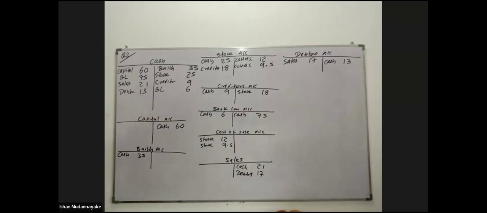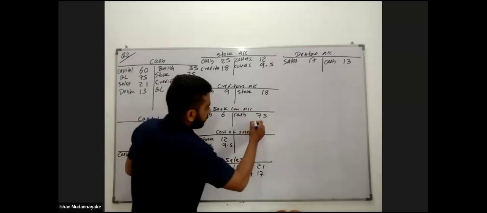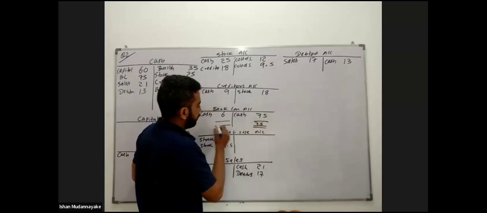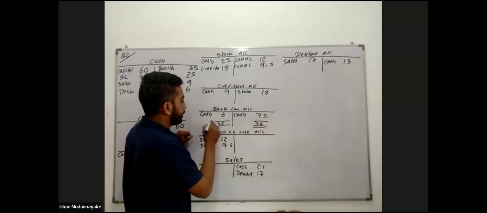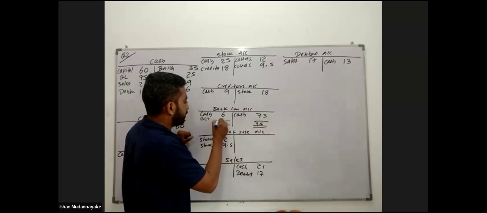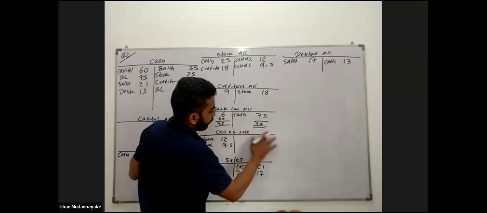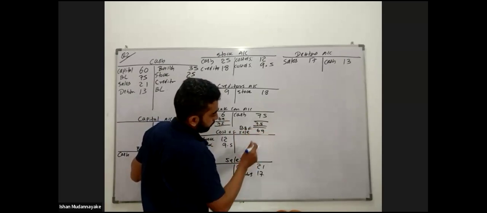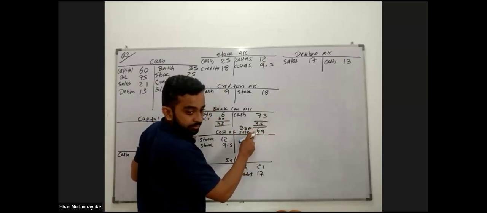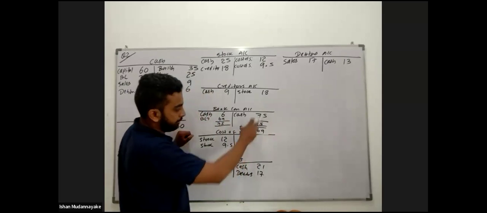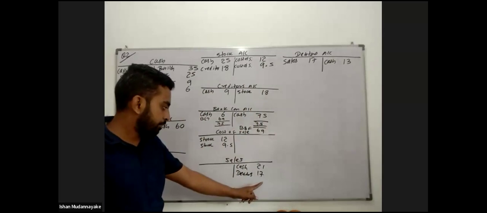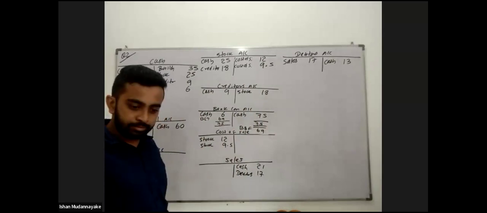Abhishek, bank loan? Credit side. 75 minus 6,000 is balance carried down 69, balance brought forward 69. Balance brought forward is on the credit side.